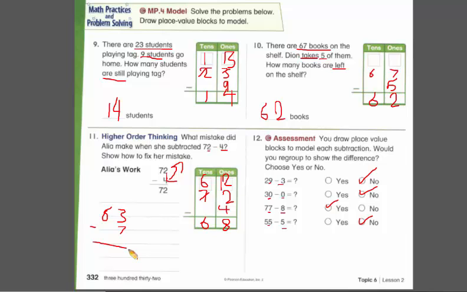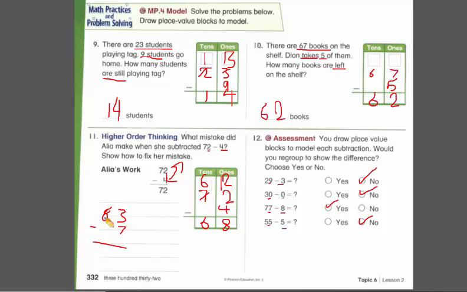No, we can't say 7 minus 3. We can't switch. We will say 3 minus 7. So 3 ones here is lesser than 7 ones. So I can't subtract 7 from 3. I can't. I need to regroup.